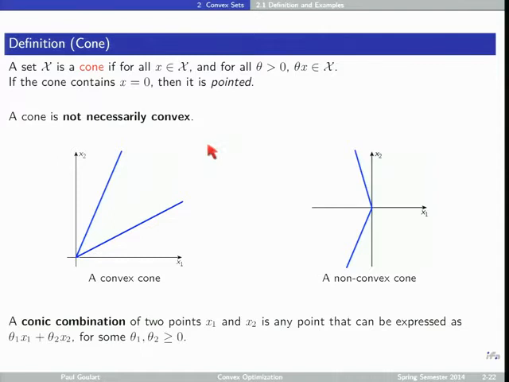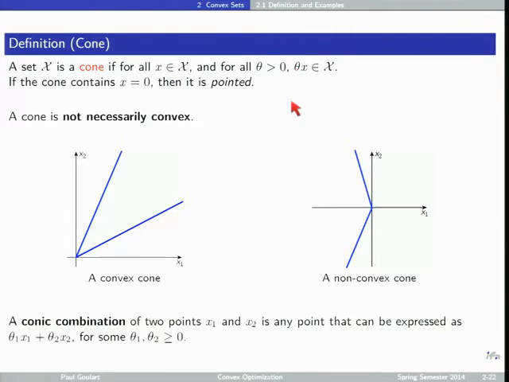So let's talk now about some of the others. We can talk about a cone. The definition of a cone is a set where if you take any point x inside the set and scale it by some non-negative number, then you stay inside the set.